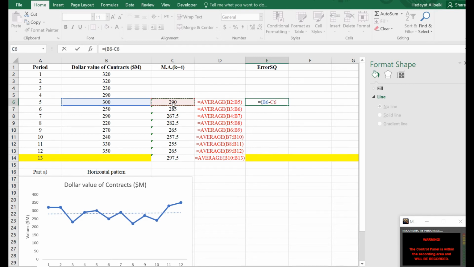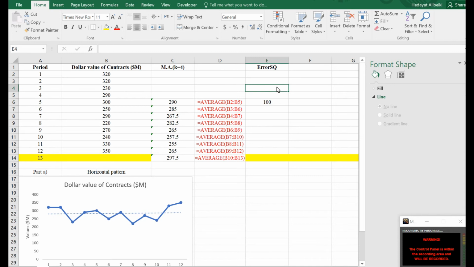This is the forecast error, and then squared would be the error squared for period 5. And then I won't be able to calculate error squared for period 4 because I don't have any forecast here. I just have the observation at period 4, but I don't have the forecast. I won't be able to calculate for period 3, 2, and 1 either.